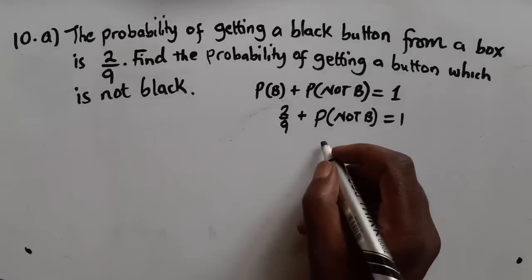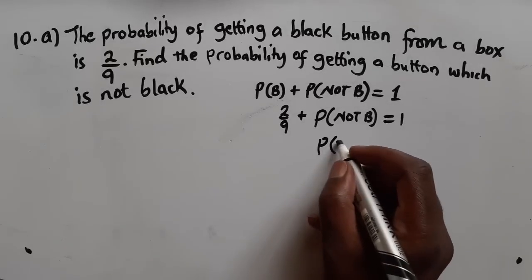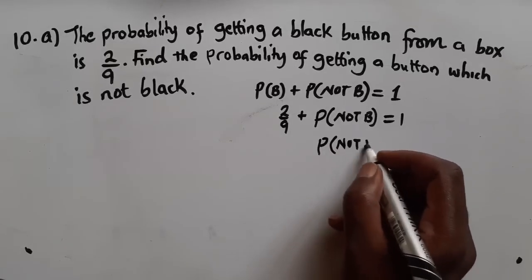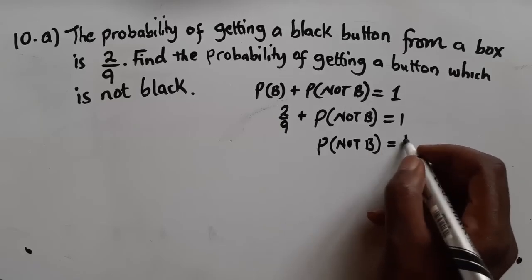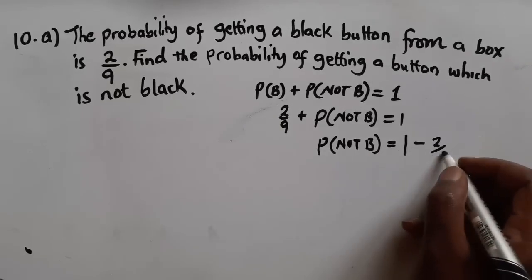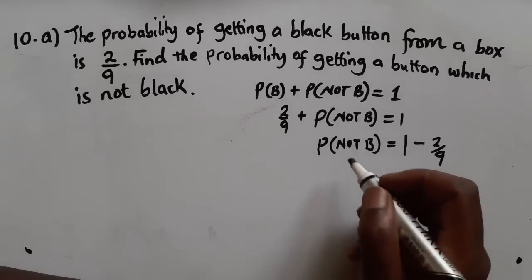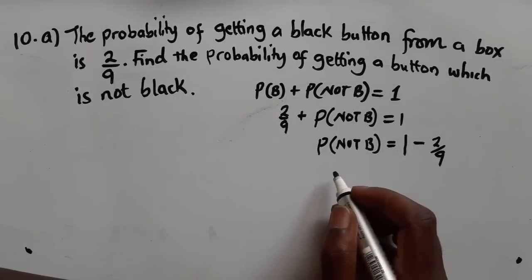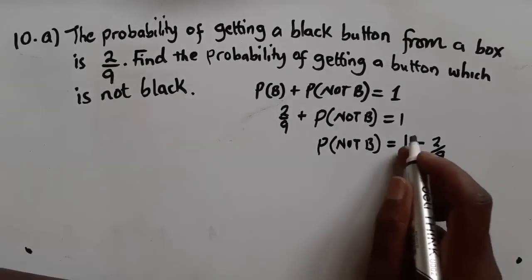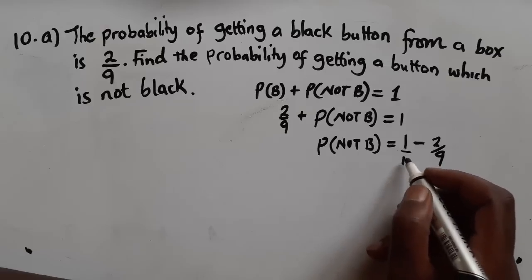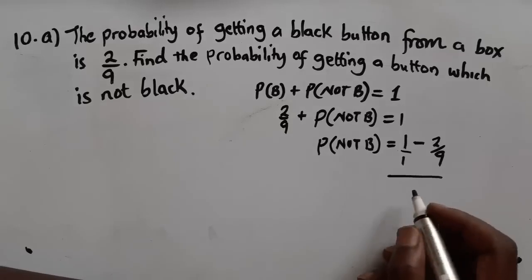So you know this is very simple. The probability of a button which is not black is going to be 1 minus 2/9. How do we solve this fraction, people? This is very simple. I'm sure you know that. But let me take it for granted that you have issues.